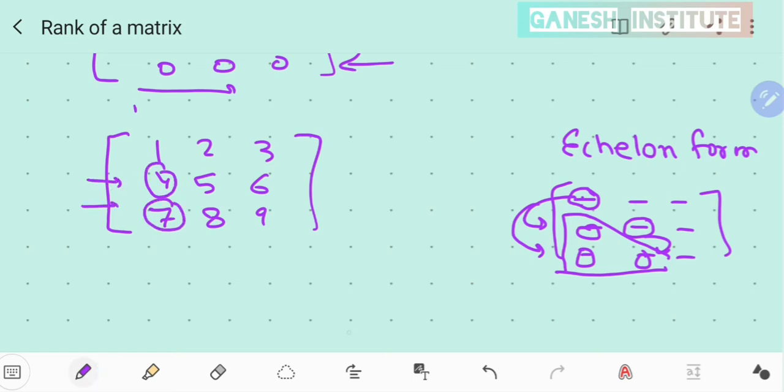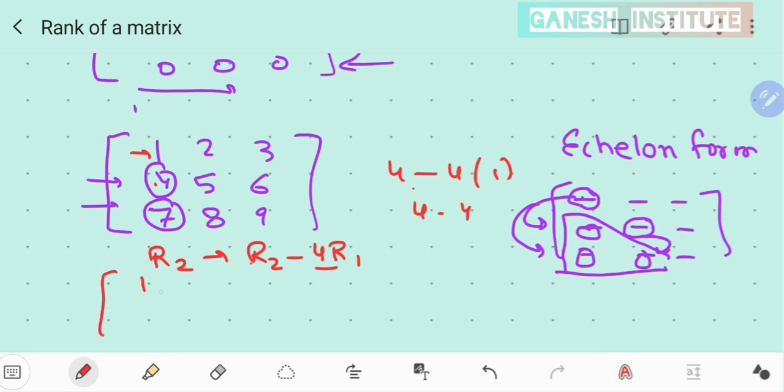So how can you make it? Take R2 tends to R2 minus 4 R1. Why did I do so? Because if you see, R2 is 4 and R1 is 1, so 4 times 1 is 4, and 4 minus 4 is 0, right? The first row you are not changing.